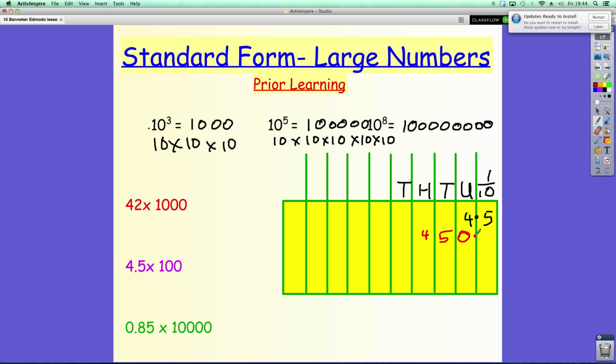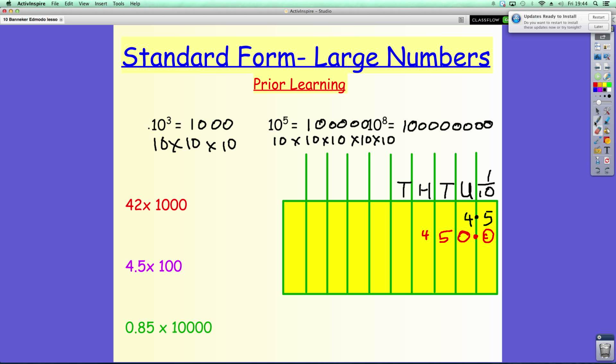Decimal point remains the same, it never moves, and then you get the 0 at the end, which we actually don't need because 450 is the same as 450.0. Right. So if we were to do 0.85, we'd have to remove the place values again, and we know that these numbers would have to move 1, 2, 3, 4 places to the left.